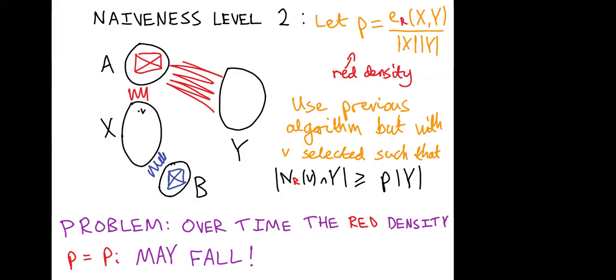But it could still be a problem that over time, as you do many, many steps, to begin with this is all working great, but over time the red density between the two sides could go down. And the fact that you get density p every step, or I guess you're close to 1 minus gamma, it turns out, this could go down, and then it's not so useful.